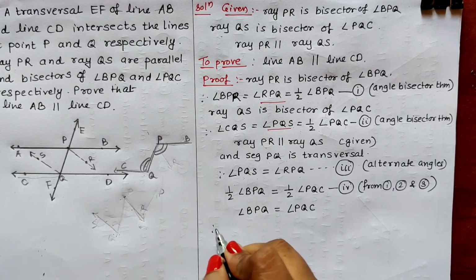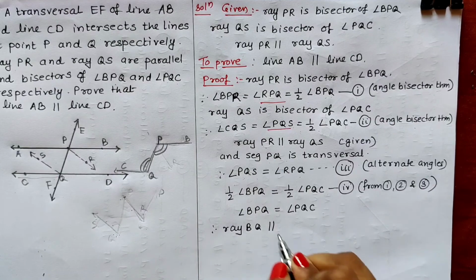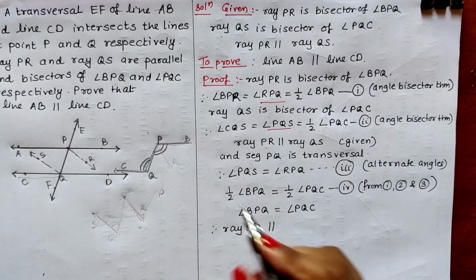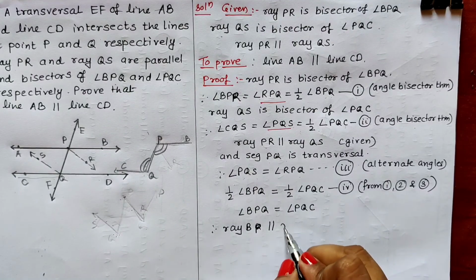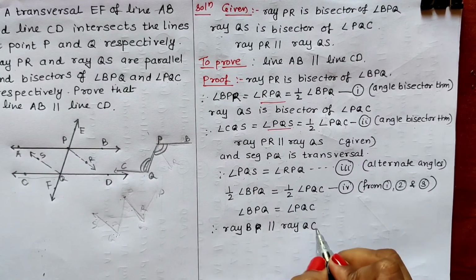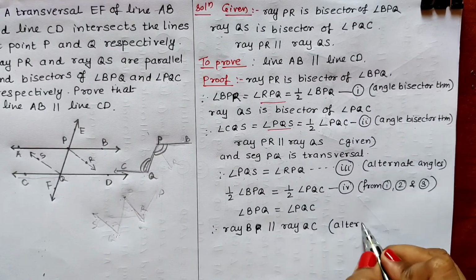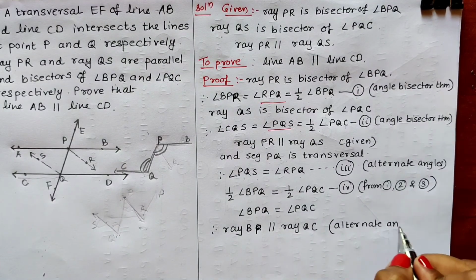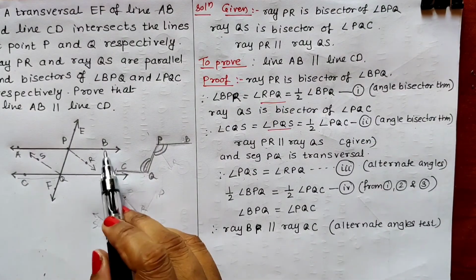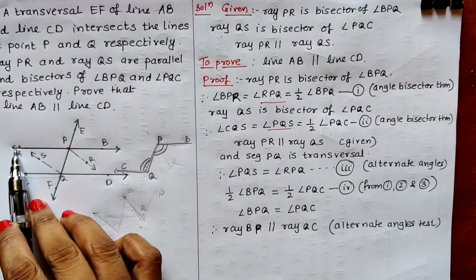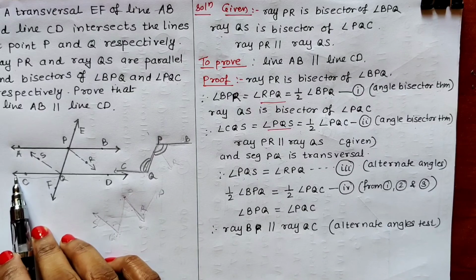Therefore, ray BP is parallel to ray QC. The reason is alternate angles test. Now ray BP is the part of line AB and ray QC is the part of line CD.